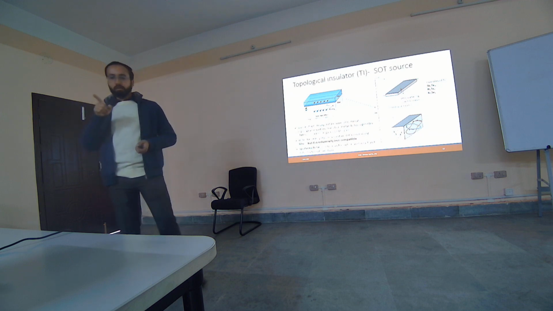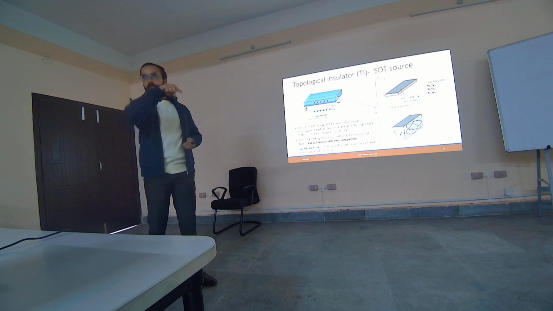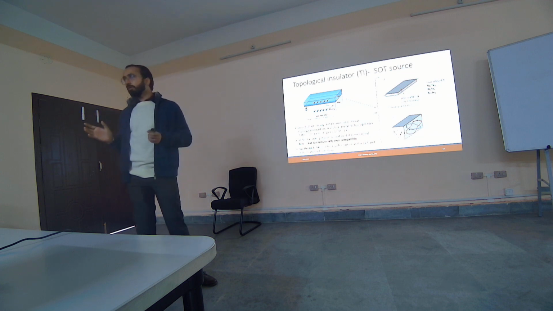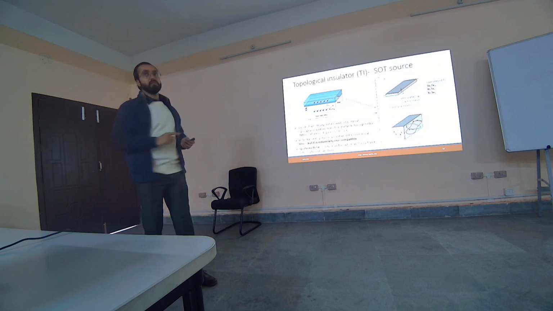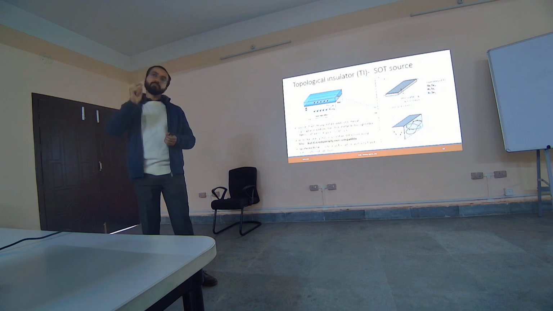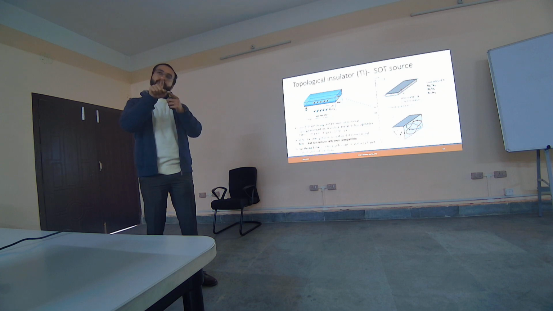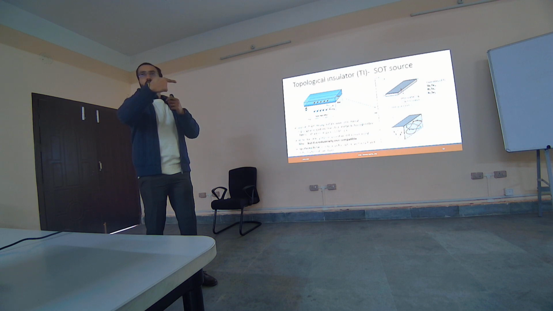In a normal conductor, when it is flowing, what will happen? Scattering, and it will keep on changing the electron's spin. But in this kind of materials, topological insulators, the spin and the momentum are locked. So the momentum is like this, the spin is locked to this momentum. If the momentum is opposite, let's say it's moving in the opposite direction, the spin will be in a different direction and it will be fixed there.